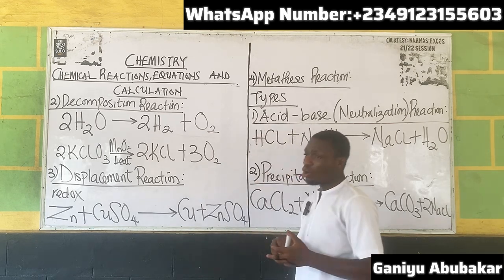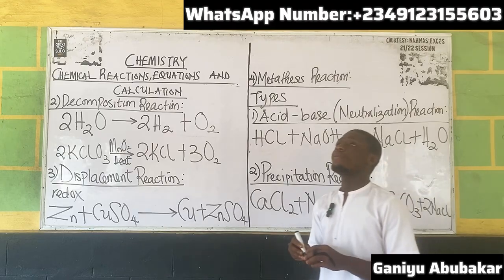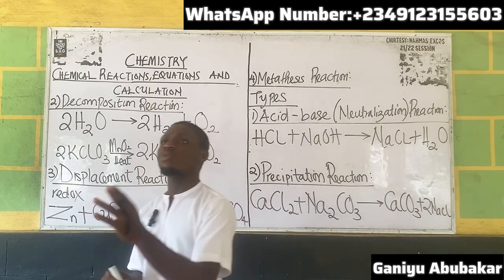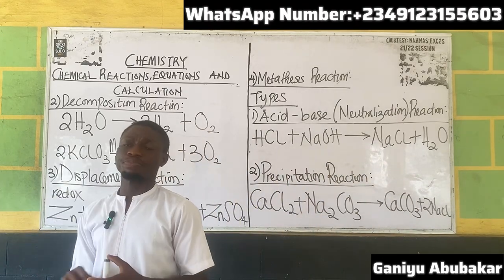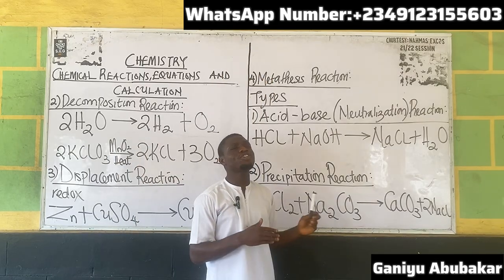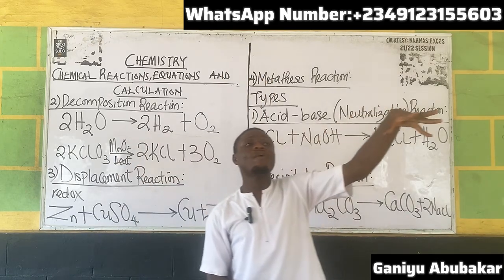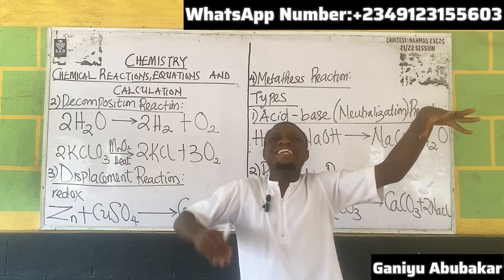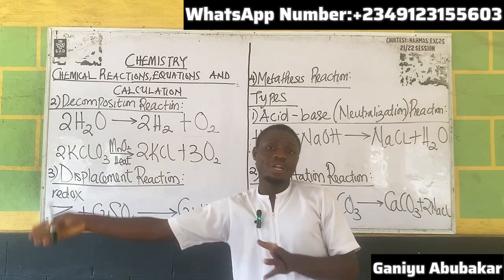Number one there is called the combination reaction. For combination, you have two smaller ones giving you a bigger one. Number two is called the decomposition reaction. For the decomposition reaction, you have a bigger one breaking down or disintegrating into two smaller ones.